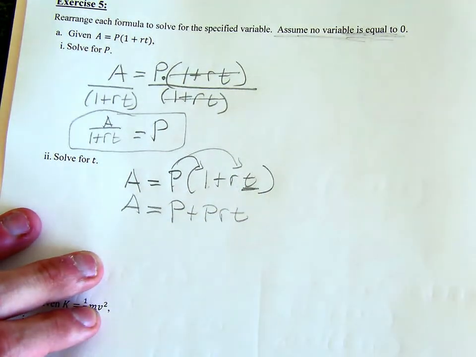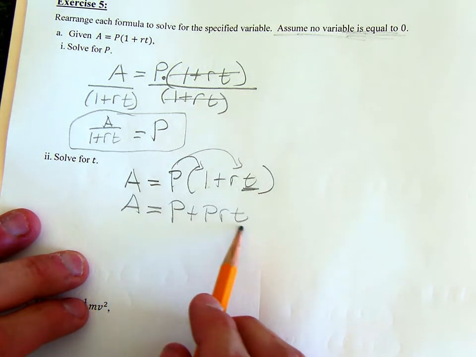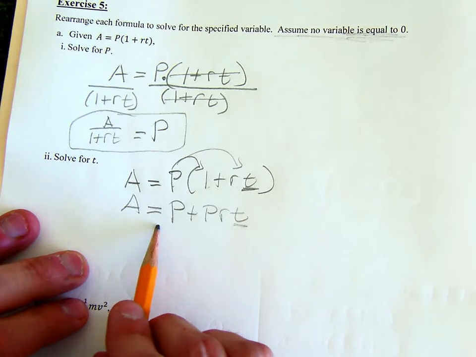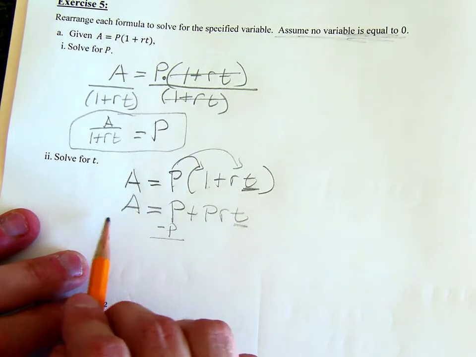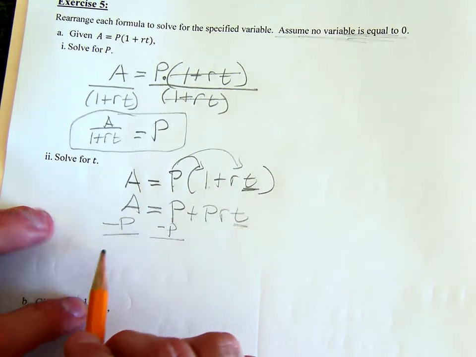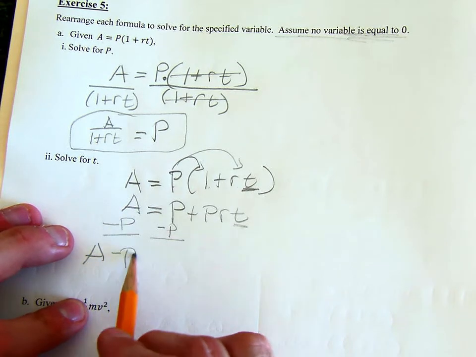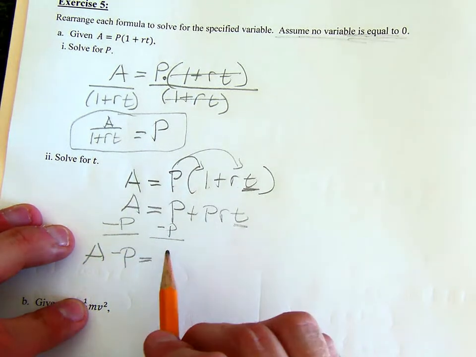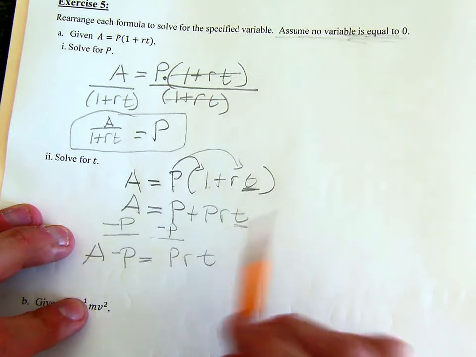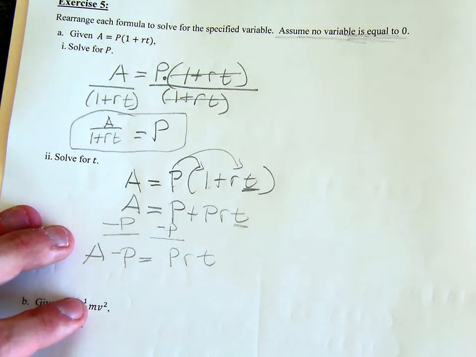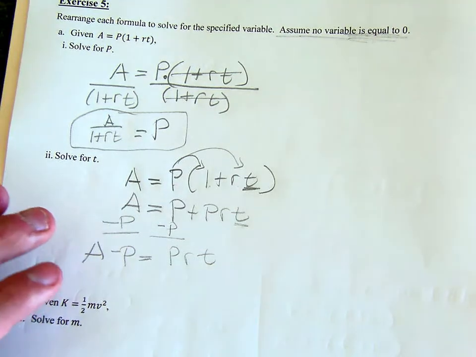And then we're going to try to get, again, t by itself. So we're going to subtract this capital P from both sides. So we get A minus P is equal to Prt. Now, how can we get t by itself?